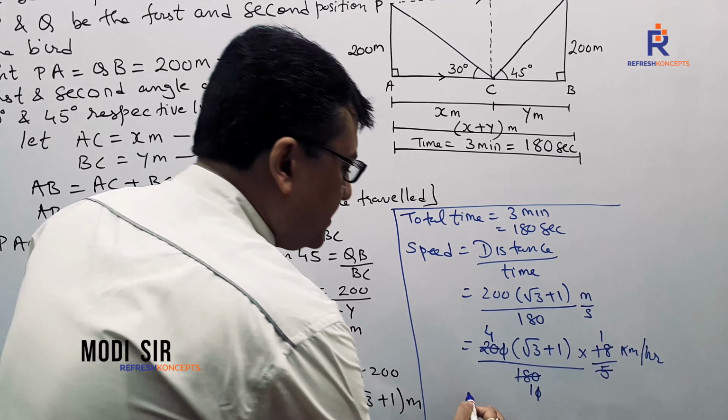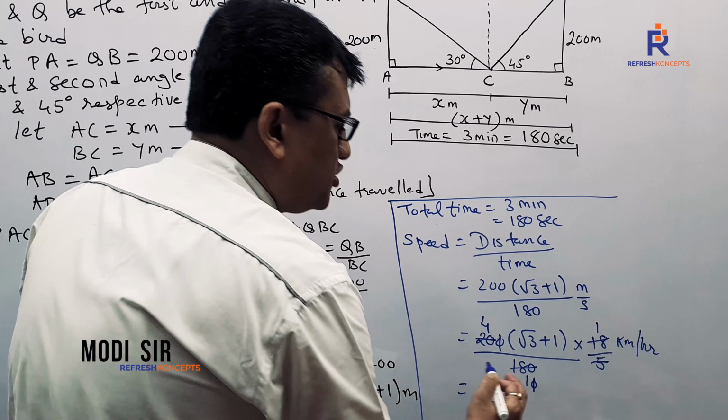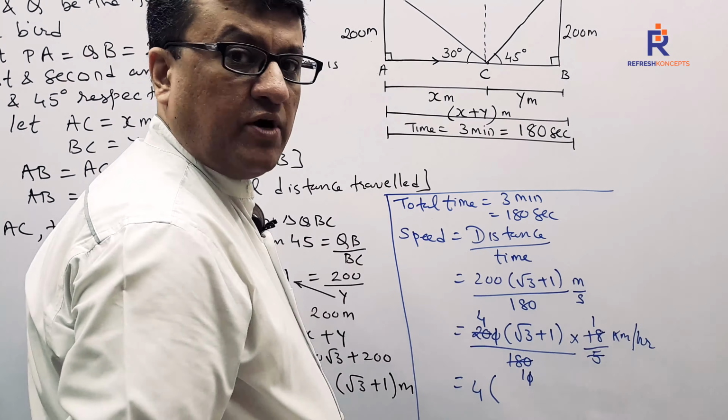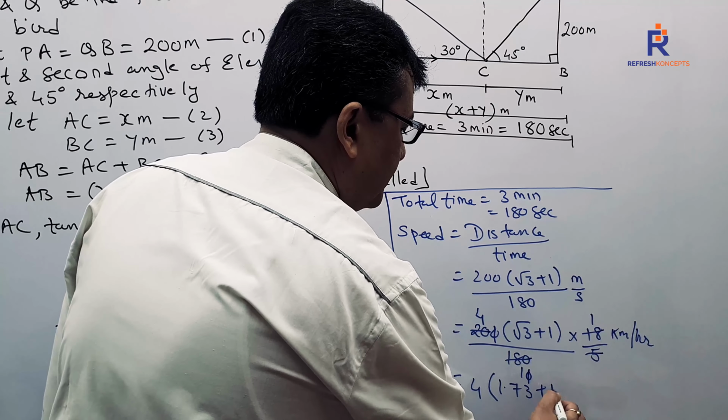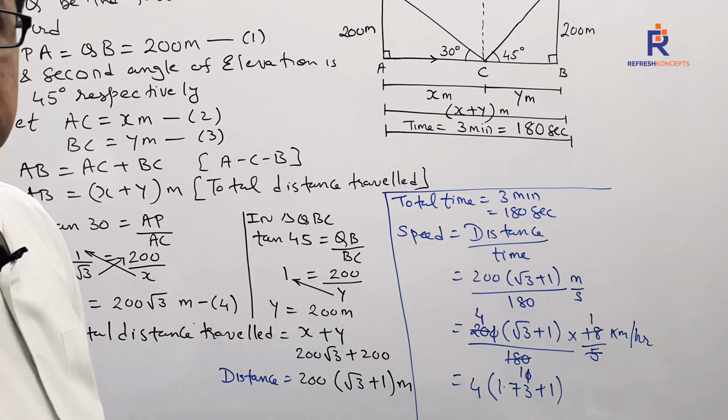So what am I left with? I am left with 4 into root 3, whose value I'm taking as 1.73, plus 1.